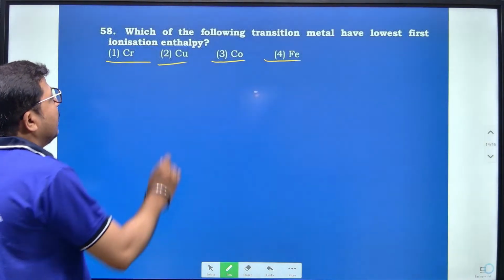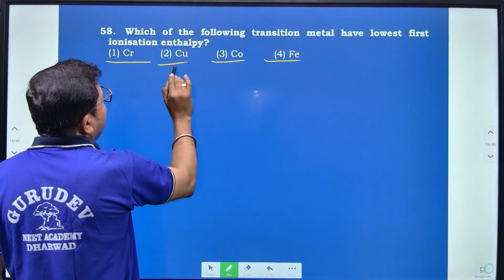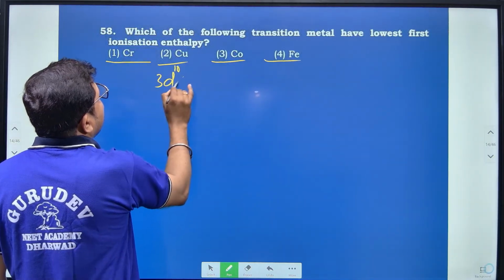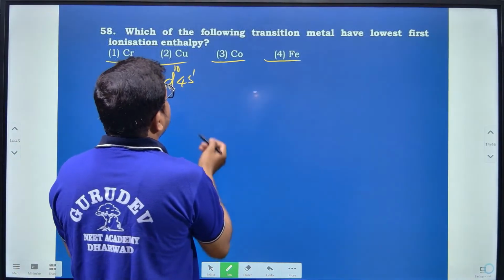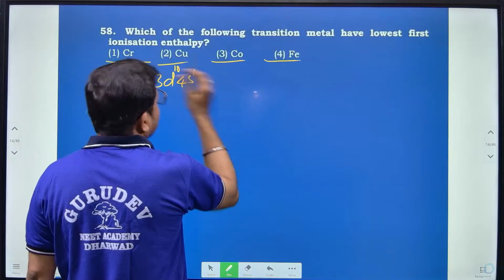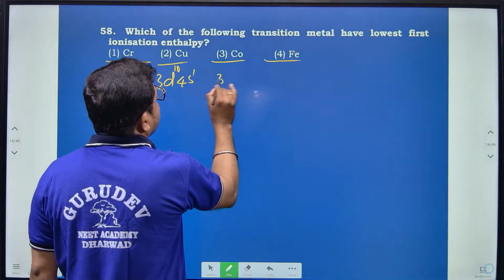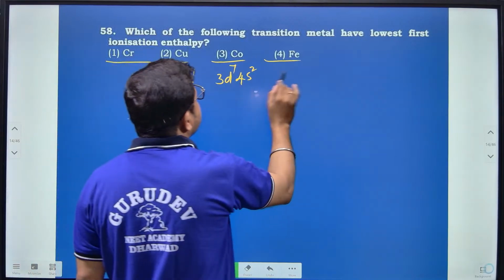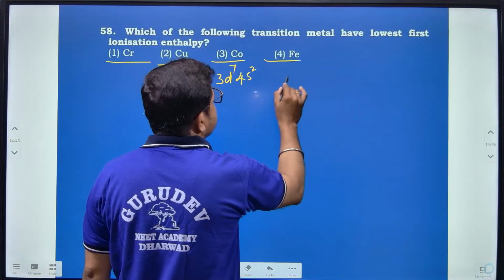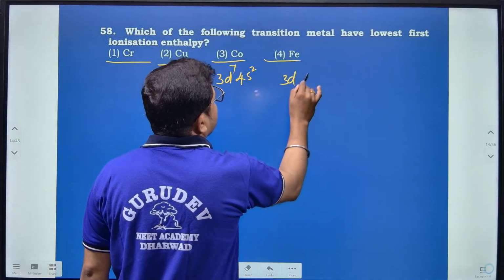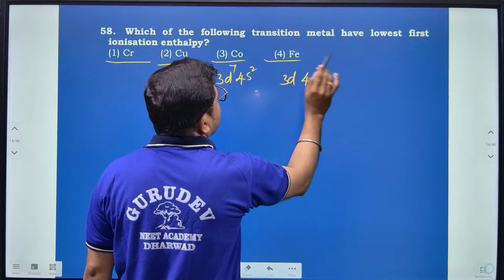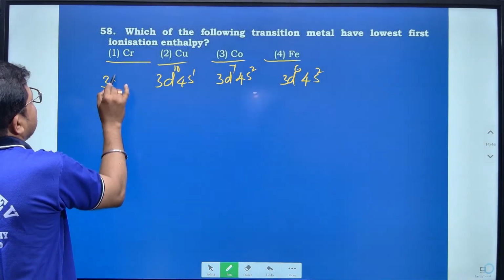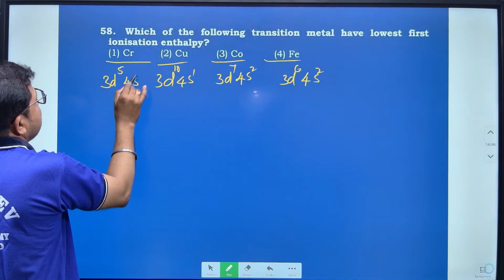Look here, copper has 3d10 4s1, cobalt has 3d7 4s2, iron has 3d6 4s2, and chromium has 3d5 4s1.